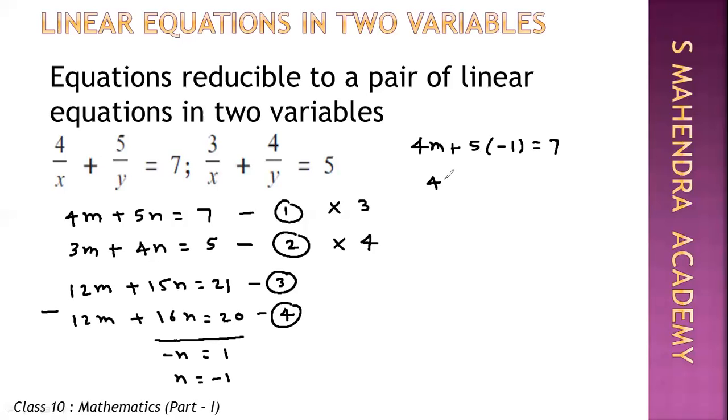So 4m minus 5 is equal to 7, and 4m is equal to 7 plus 5, that is 12, and the value of m will be 12 divided by 4, which is equal to 3. Now here we have got the values of the replaced variables: m as 3 and n as minus 1.